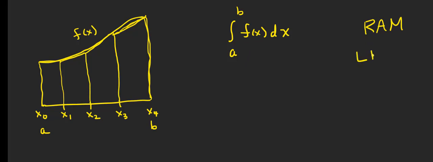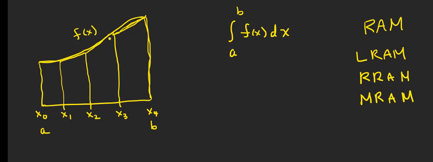Of course, we had LRAM, RRAM, and MRAM. Now, instead of rectangles, we're going to use trapezoids. So we need to add up the area of trapezoids to estimate the integral of f of x from a to b.